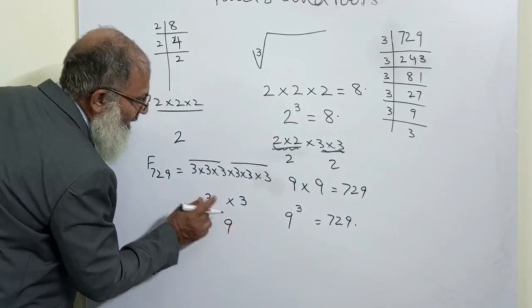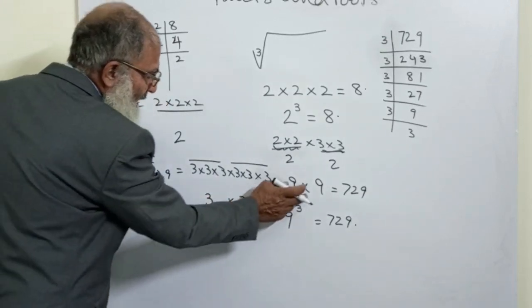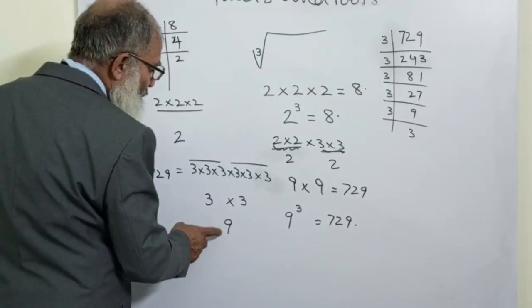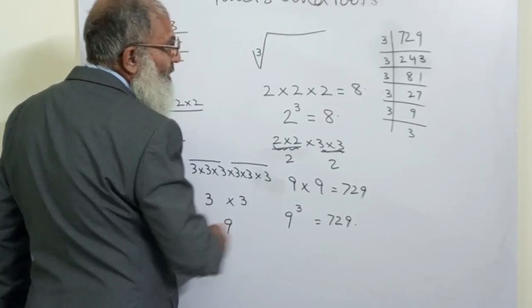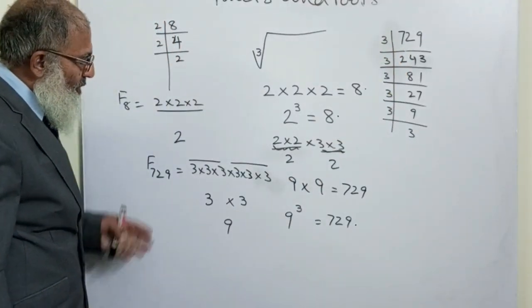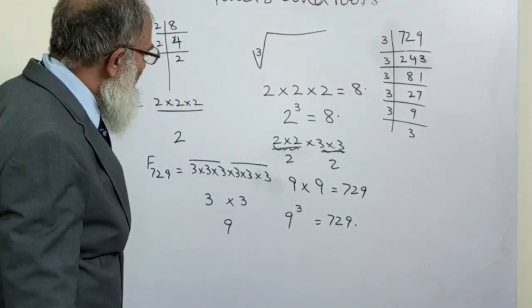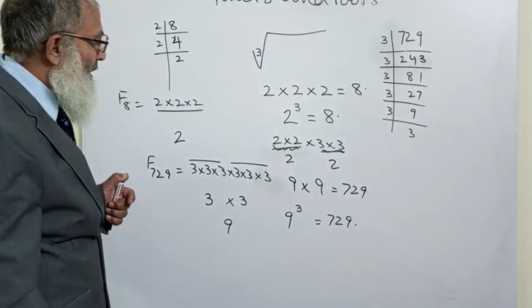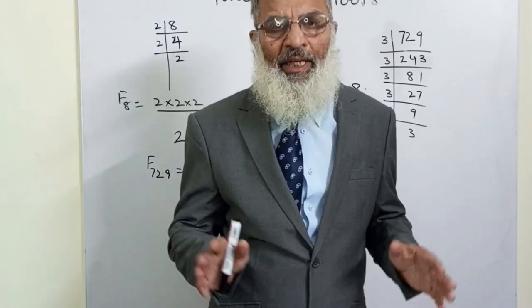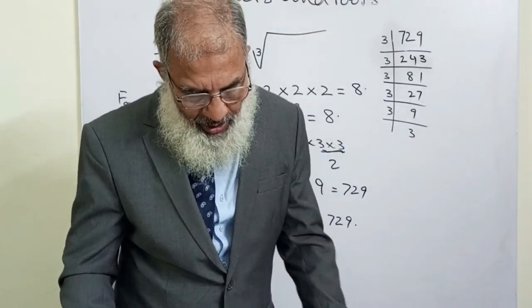What comes? 3 multiplied by 3 is 9. So 9 is the cube root of 729. It is very easy and I think it does not require any more explanation.